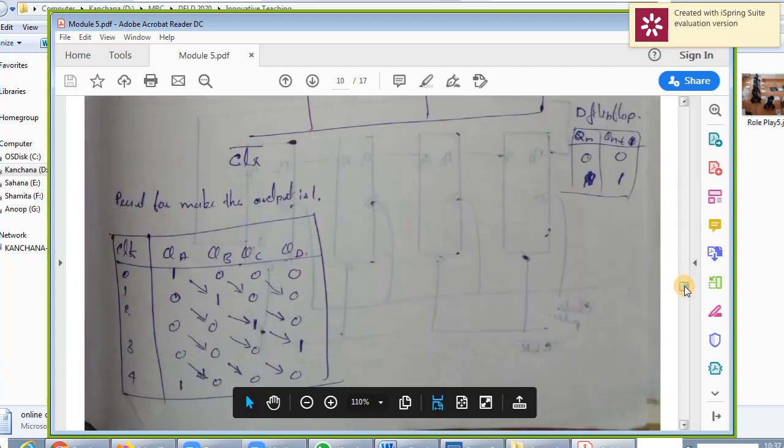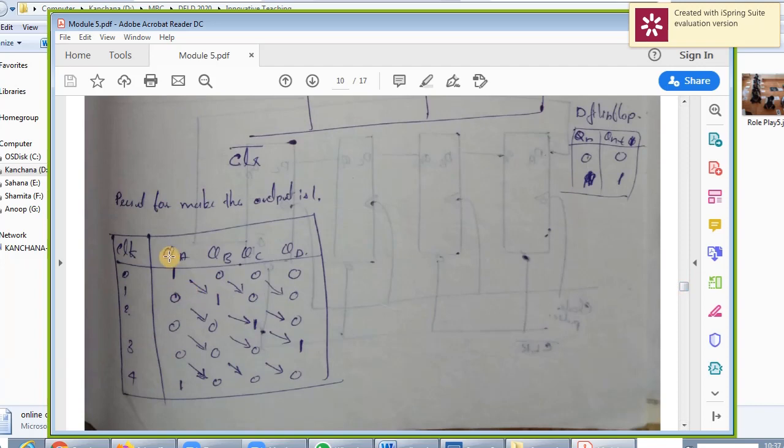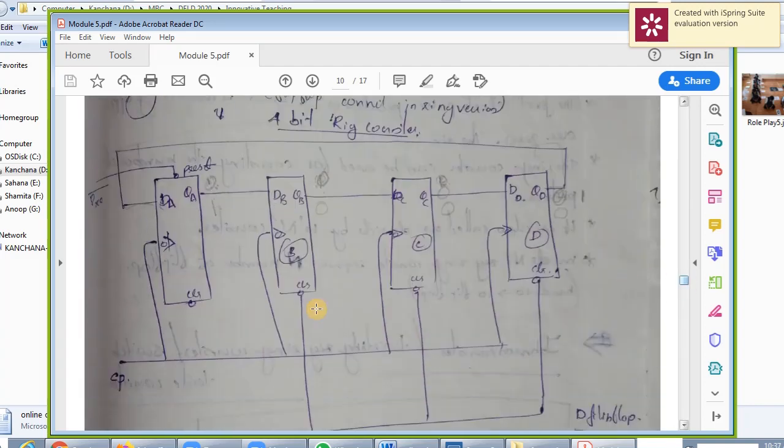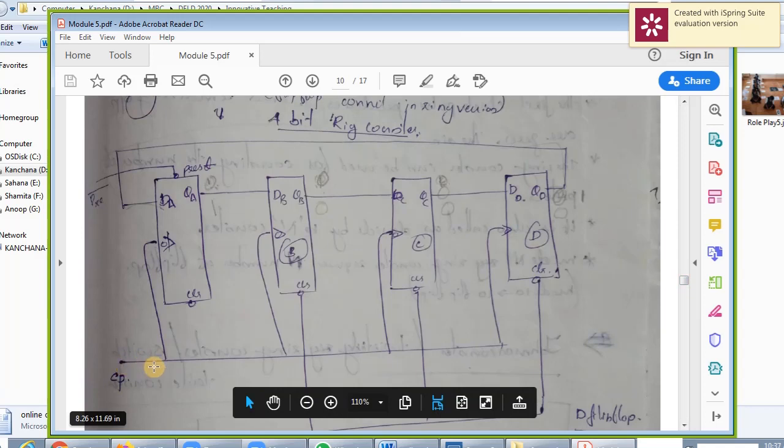So initially we are making QA 1 using the preset pin, and QB, QC, QD we are making 0 0 0 using the clear pin. So initially the output of the first flip flop is 1, the remaining are 0. So next what will happen? Once the clock pulse is started, it will be operated as it is.